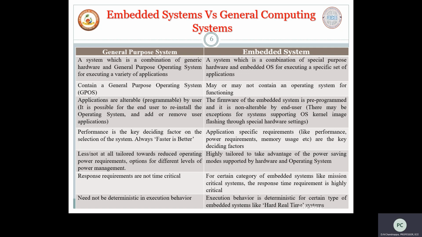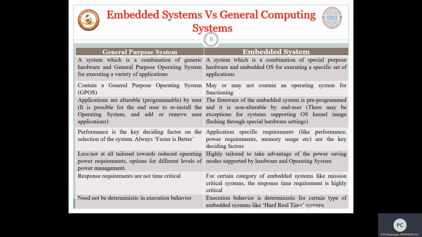Now I'll come to the second point. A general purpose system contains a general purpose operating system. In the embedded system, they use a very specific operating system, as per our requirement, which we design.